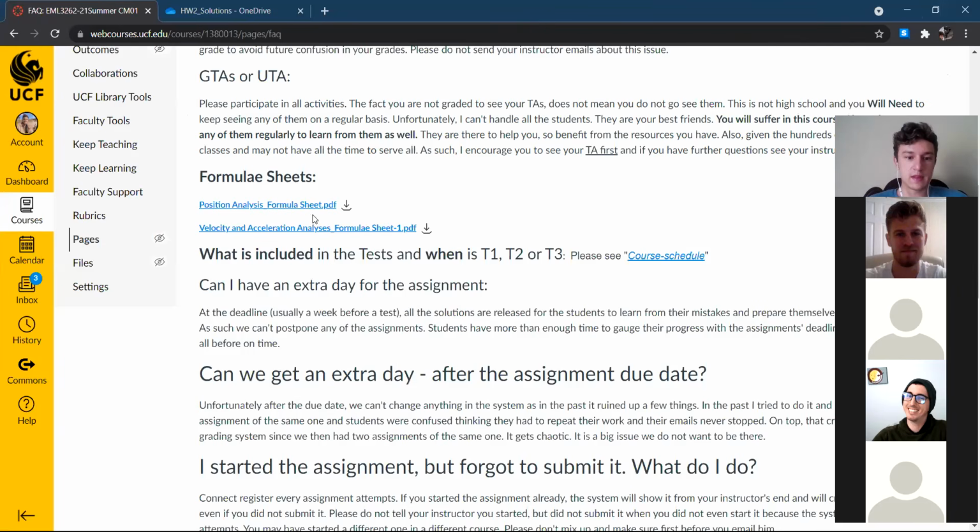I don't know if he gives you both of them, but I think the first formula sheet is for chapters 2, 3, and 4. The second one is more for 5 and 6. It'll be locked on browser, but it'll have a link to the formula sheet, so you should be able to open it. Otherwise, if you want to print it out, I think Dr. Nader said that's okay, if you just want to have paper you can put your hands on, if that makes it easier for you.